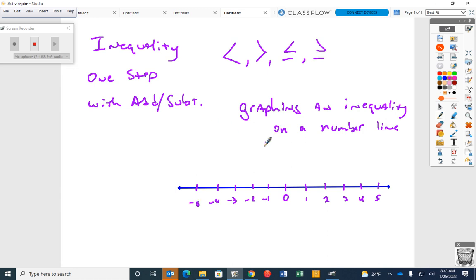So let's say that I have an inequality that looks like this: x is greater than 4. Now, before we graph this, there are some things we need to keep in mind. These are the rules for graphing an inequality. If I have this sign or this sign, meaning I have less than or greater than, are you guys paying attention?